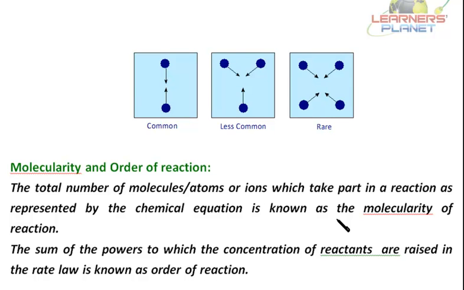Molecularity is the total number of colliding species leading to the formation of products, and order is the total number of concentration variables in the reaction, that is, the reactants whose change in concentration is affecting the rate of reaction. So this is all about the order and molecularity of the reaction, students.